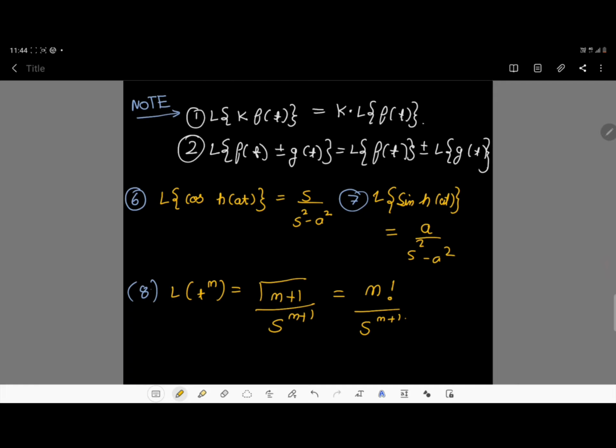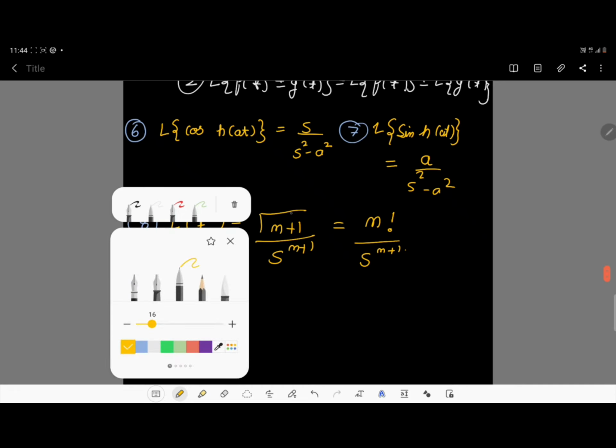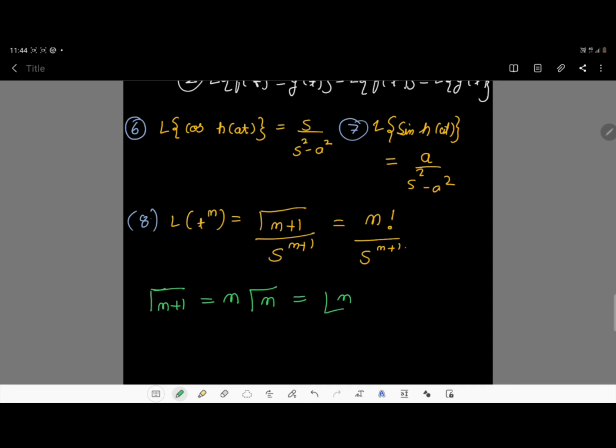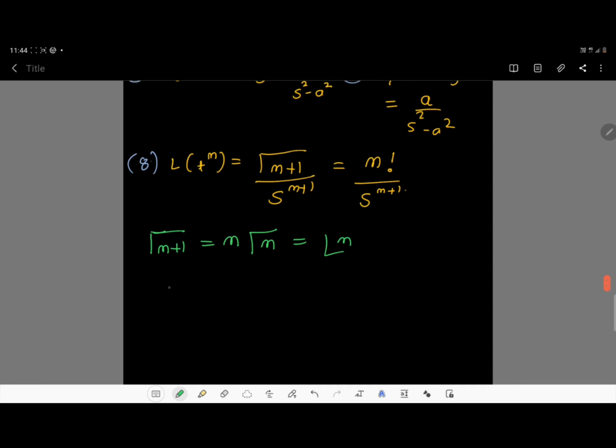You might have studied this in your gamma function, that factorial of n plus 1 is equal to n into factorial n, and also the value involving under root of pi. These relationships you need to remember.